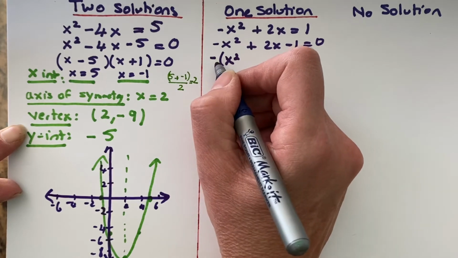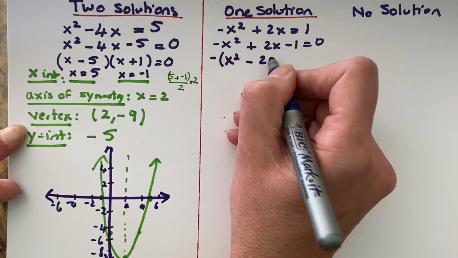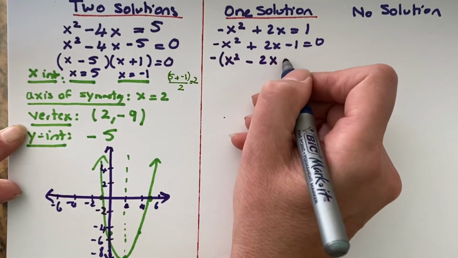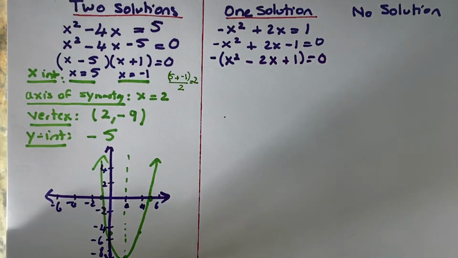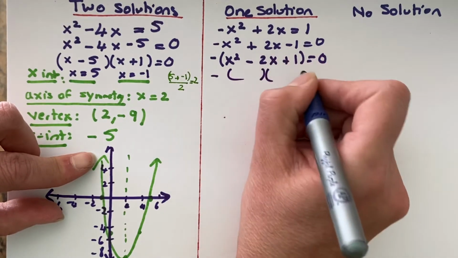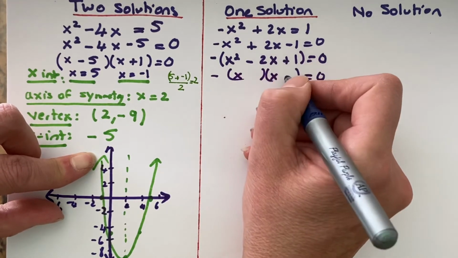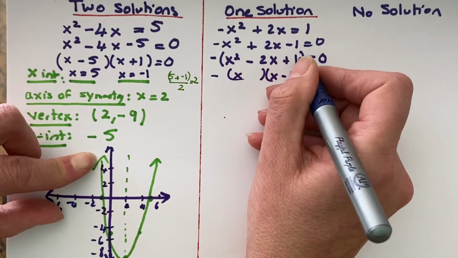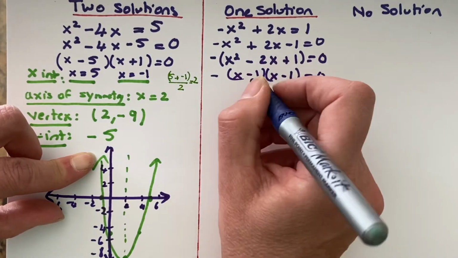So if I factor out a -1, this -x² becomes positive. This positive 2x becomes negative, and then -1 becomes positive. Now I am ready to factor this and see if I can get my x-intercepts. And yes, I can. -1 times -1 makes me +1, and they also add up to -2, so that works.